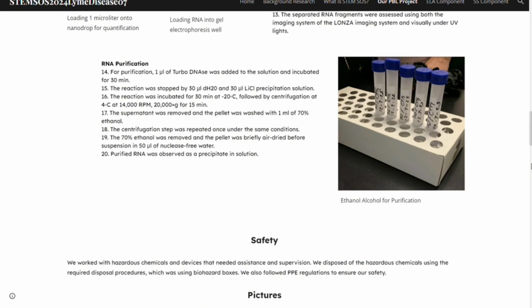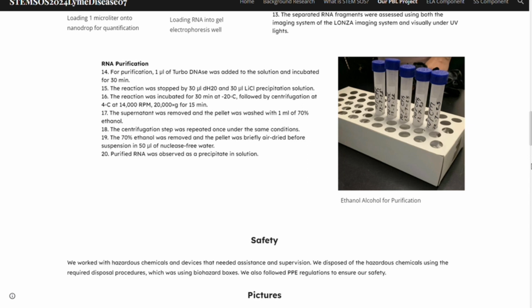After gel electrophoresis, we needed to make sure we had pure RNA, getting rid of excess buffers, proteins, and nucleotides. For our procedure, we used the lithium chloride purification method, as it is shown to be highly effective at purifying RNA. We first added 1 microliter of turbo-DNase to our solution and incubated it for 30 minutes. This ensured we got rid of our template DNA strand.